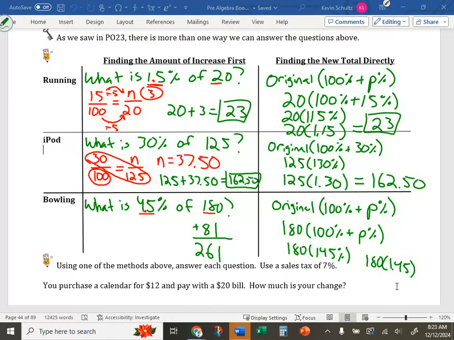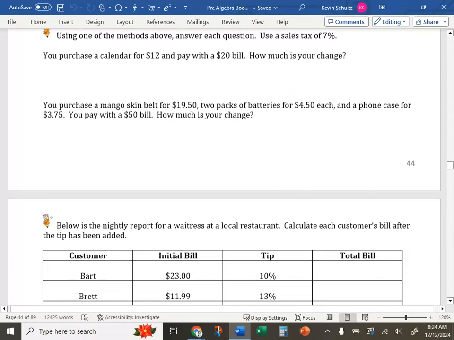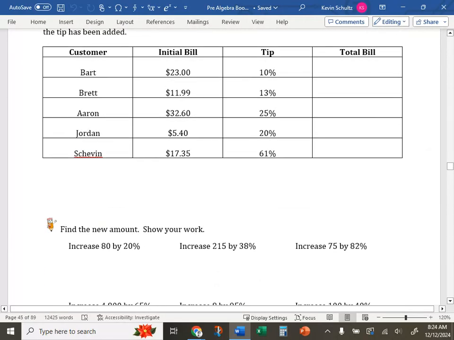Okay. All right. Your homework, your practice for tomorrow, is I would like you to look at this chart right here. The initial bill is $23 and the tip is 10%, which means that you are increasing 23 by 10%.